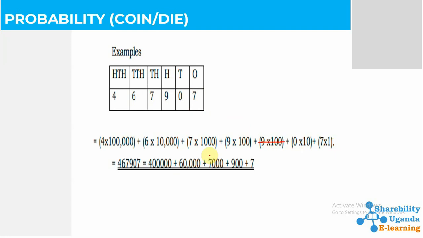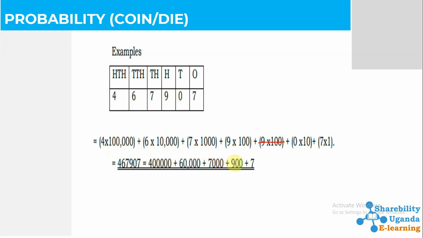After identifying this, we can solve it. When you multiply this times this, that gives us 400,000, and then we multiply the next one, which gives us 60,000, then 7,000.